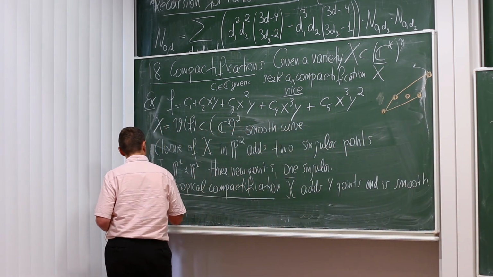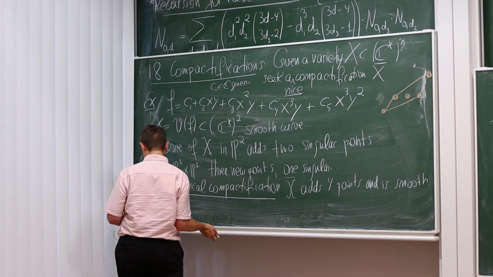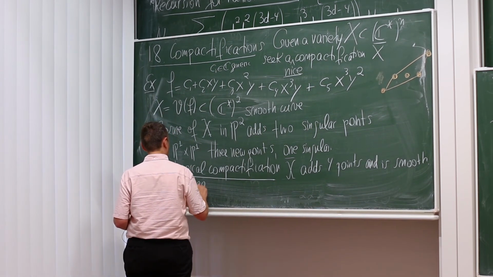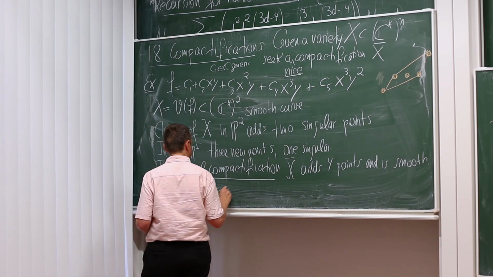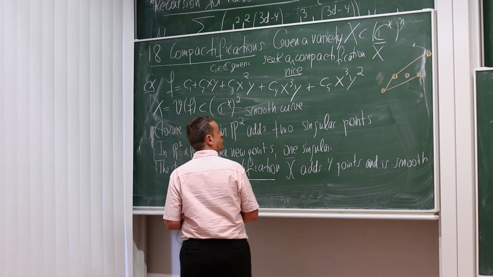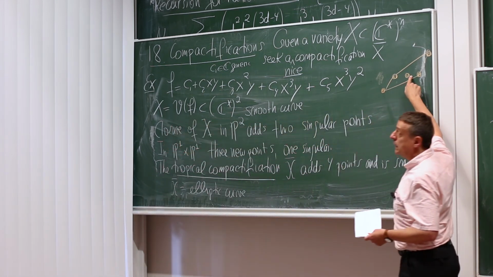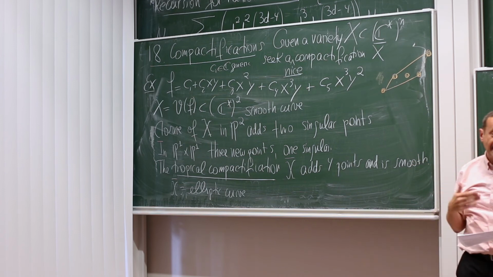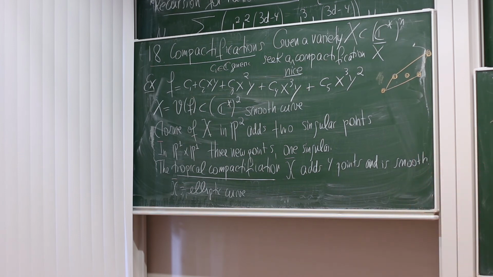So the geometry here is that X bar is an elliptic curve. So it's still true that the 1 interior lattice point indicates the genus of the curve. It is still a genus 1 curve, the kind of curves that cryptographers like for their group law.